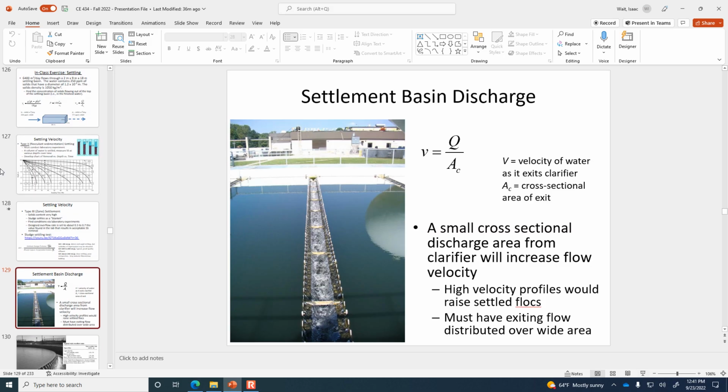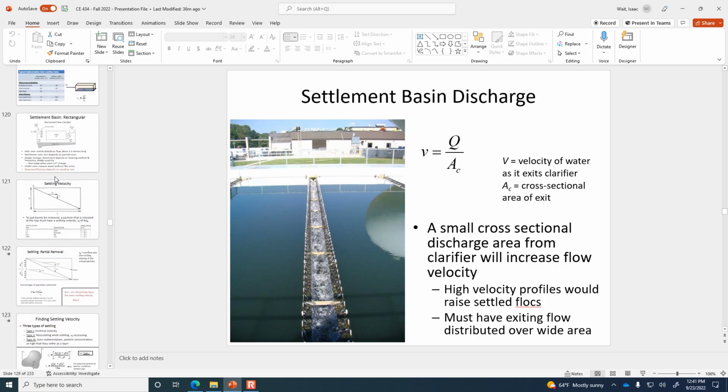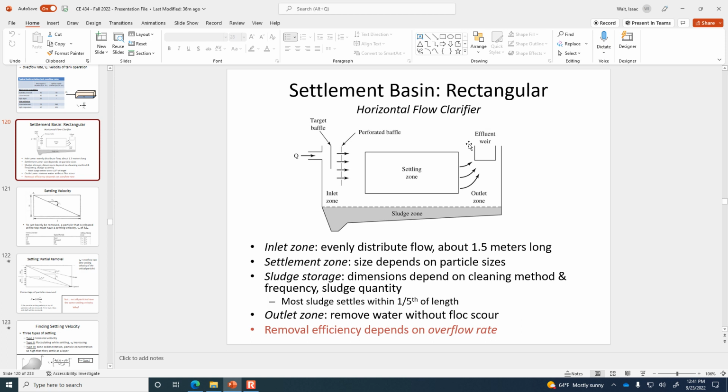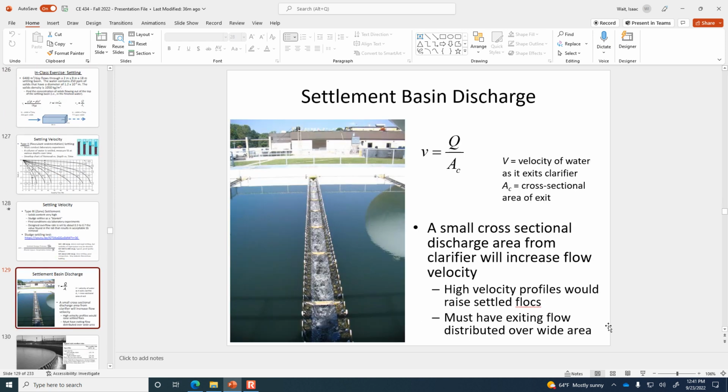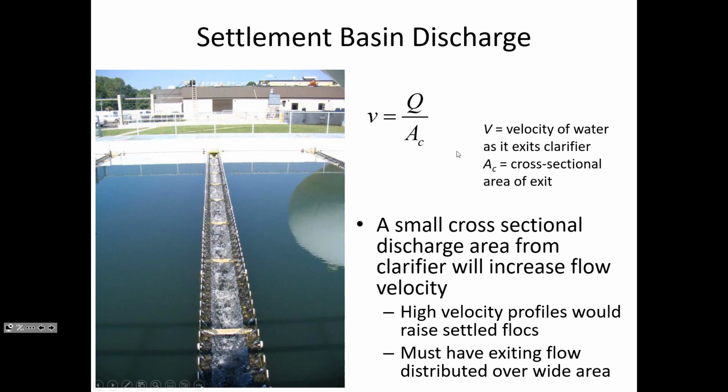What we want is the water exiting the tank to have a low velocity, because if it has a big velocity, it's going to get into the settling zone and disturb the particles that are settling down. And so we want the water to exit the tank really slowly. So in order to have that slow exiting performance, we have to have a large cross-sectional area for the water to exit.